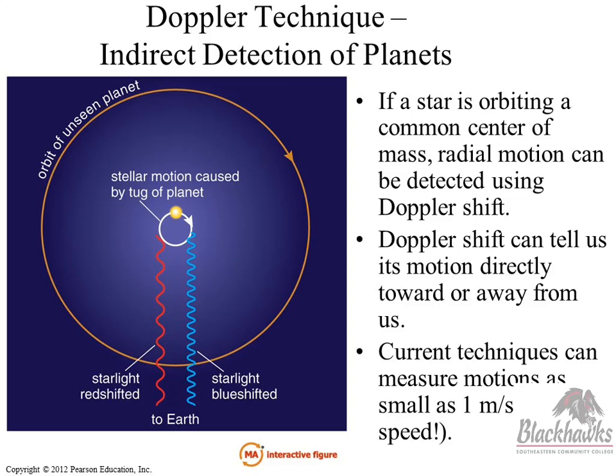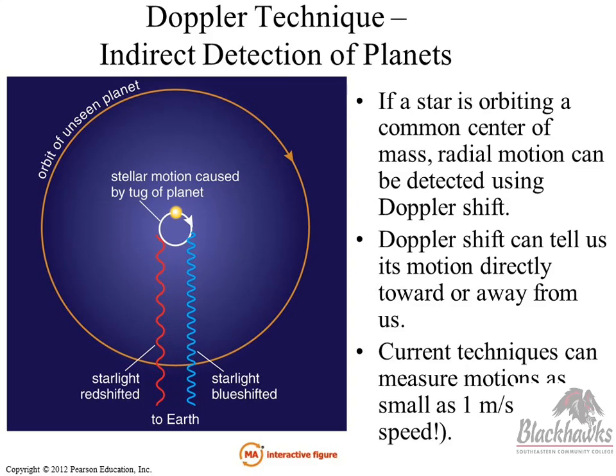Remember, we call this proper motion, and we call this radial motion. You can see proper motion, we can see that wiggle. But if we put the sun here and have Jupiter do this, then our wiggle is going to be here, and if I'm over here, I can't see that. That's radial motion.